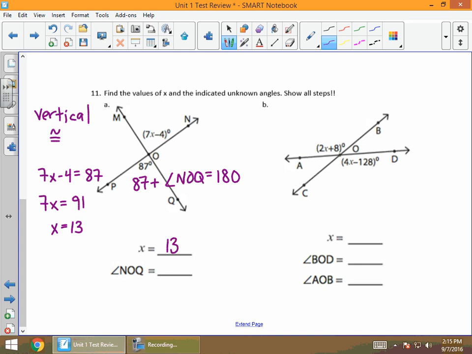Subtract 87 on both sides. And angle NOQ, when I subtract 87 from 180, I get 93. And now we're finding an angle, so now I'll put a label on that, 93 degrees. That is 93 degrees.